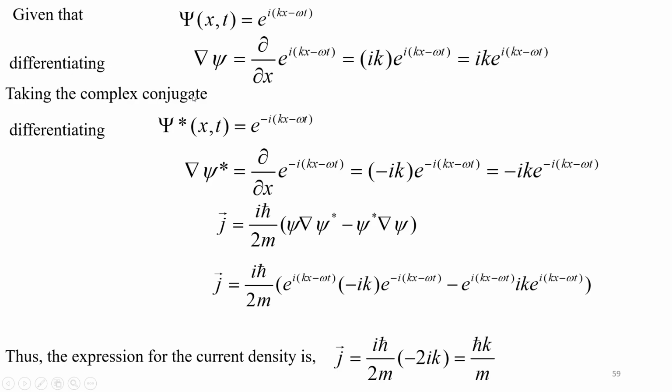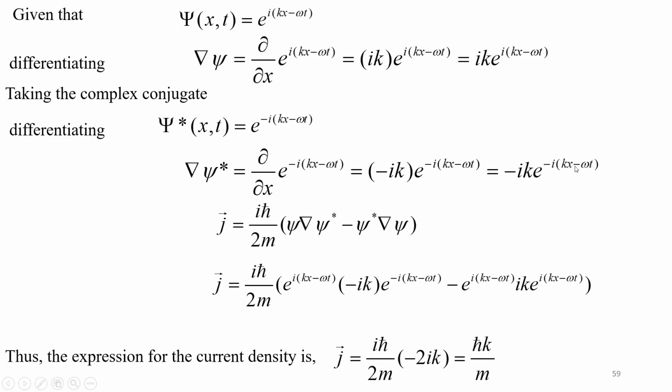When you take the complex conjugate, as I said earlier, i becomes minus i. So e^(−i(kx − ωt)). Now again differentiate with respect to x. That will give you minus ik e^(−i(kx − ωt)).